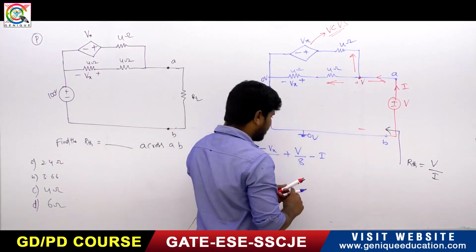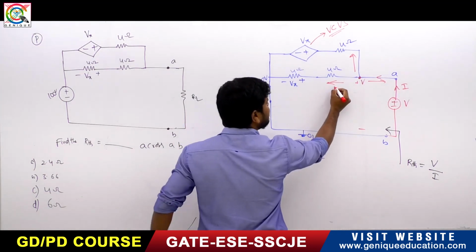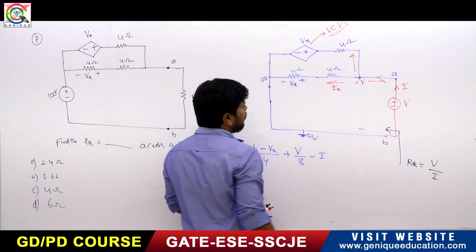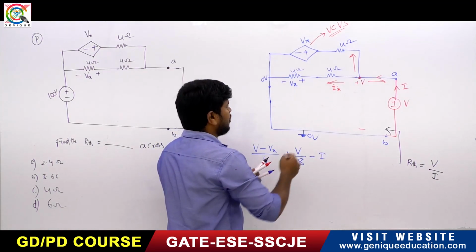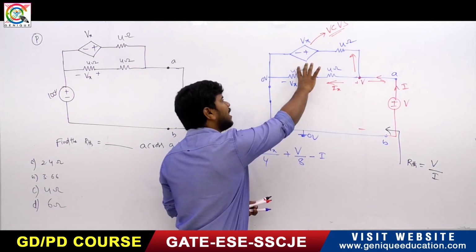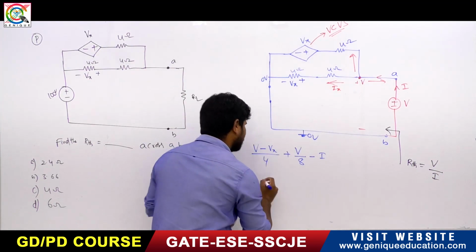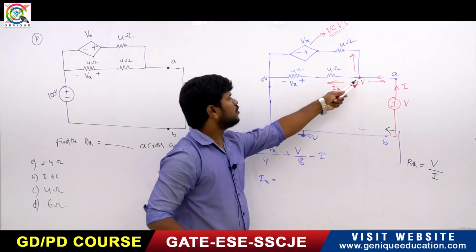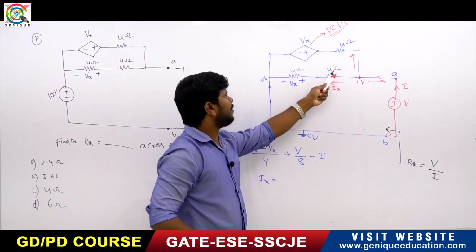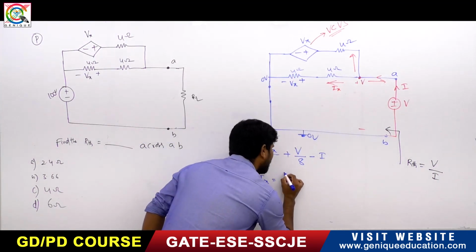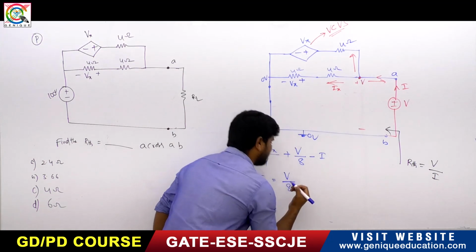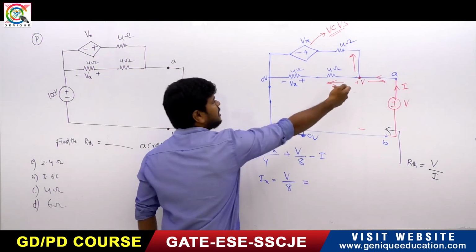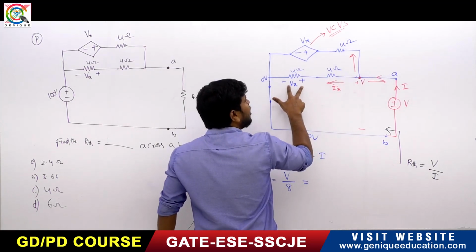Let us suppose this is some Ix. This current is equal to Ix. So what is this current? Ix is equal to V minus 0 divided by 8. V minus 0 divided by 8 means V by 8. This is equivalent to, what is this current?